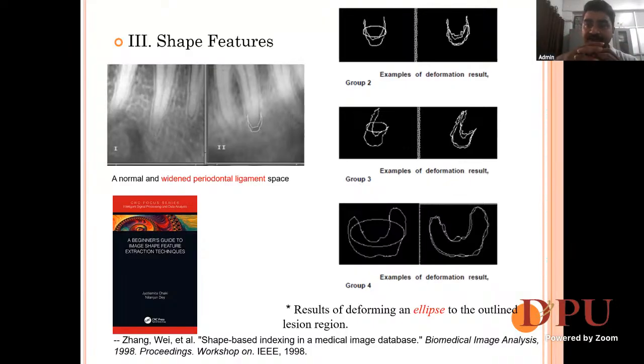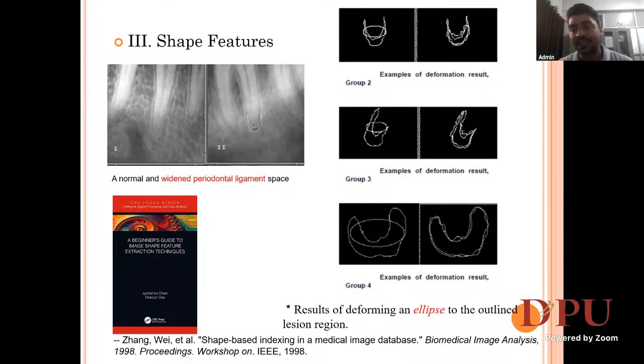If you put the ellipse, you will see how much the inflamed part, the non-geometric shape, is deformed from the geometric shape. So you are training your system that the actual elliptical shape is something like this, and the deformed shape is like this. This much you need to teach your machine.